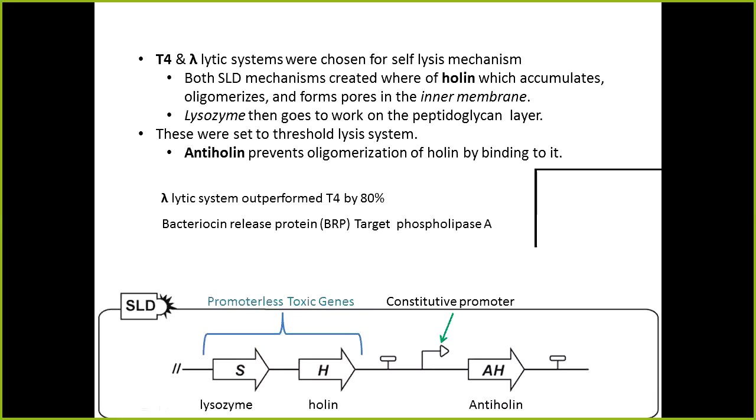Does anybody know how the promoterless expression works? It's a basal, leaky expression. Right, but in their final system, did they have a promoter driving the holin and the lysozyme, and then overcome the antiholin's effect, or did they have no promoter and just shut off the antiholin with a repressor?